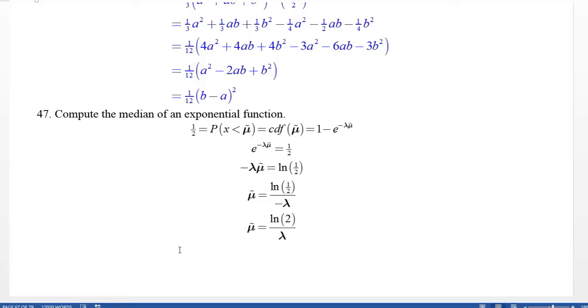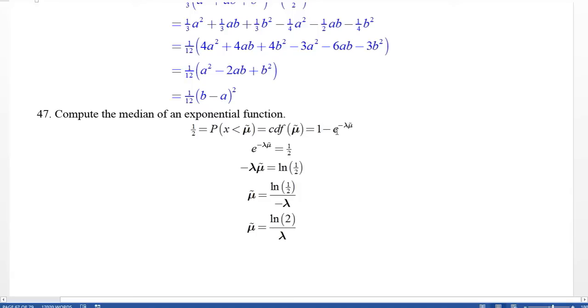So to find this, or to find any kind of inverse probability problem like this, we need to first find our CDF function. And our CDF function we know is 1 minus e to the minus lambda times the x value. So the x value I'm going to call mu tilde like this, which is one symbol for the median.